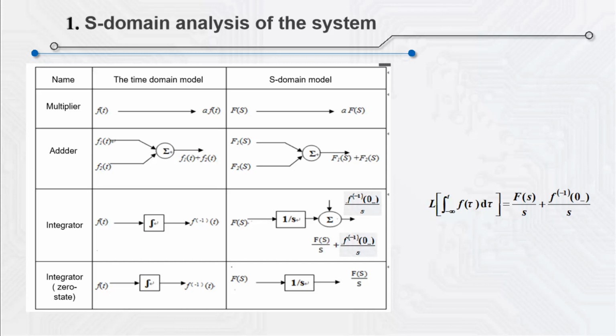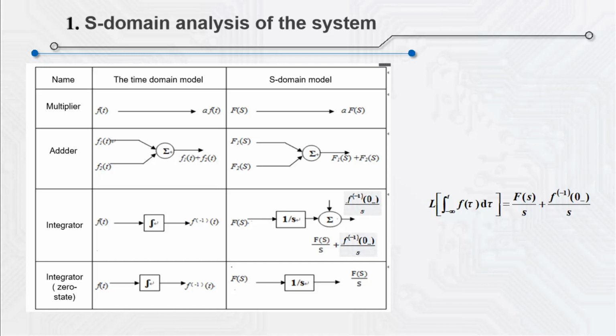Based on the linear properties of the Laplace transformation, if f1(t) and f2(t) act on the sum system, its response is f1(t) plus f2(t). If F1(s) and F2(s) act as excitation on the sum system, the response is F1(s) plus F2(s).